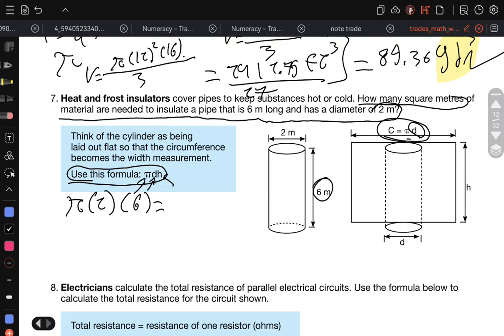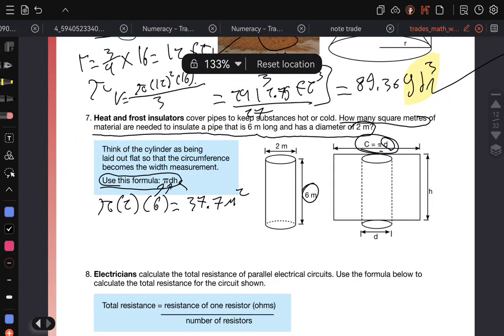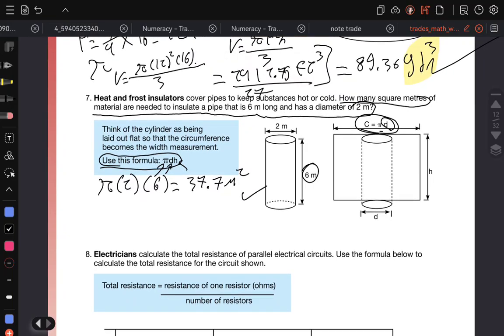This is a straightforward question, okay? And the answer is going to be 37.7 square meters. This one is easy, it's clear. Just use the formula here, and that's it.